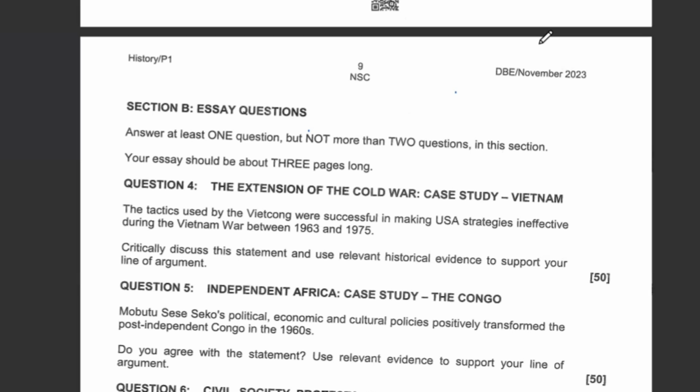Right. When we are giving a linking statement to this, we can say the Tet Offensive made it very difficult for the USA troops to enforce effective counterattack measures, and hence it made their strategies very ineffective. When someone is attacking you at an unknown date, using unknown tactics, coming from an unknown angle, no matter how much you want to prepare, you never know how to prepare for such.